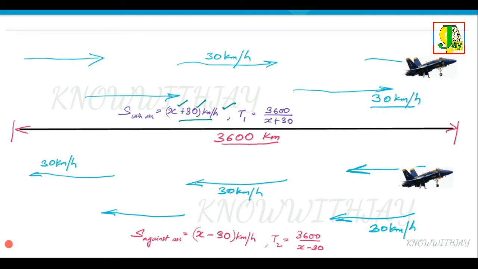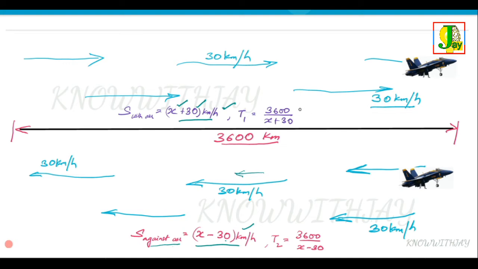And time taken in this case will be more. The effective speed in this case is less than the previous one, and it is x minus 30 km per hour, because it is going against the wind. So the wind is trying to stop the plane and push it backward with the speed of 30 km per hour. So the effective speed against the air is x minus 30 km per hour.